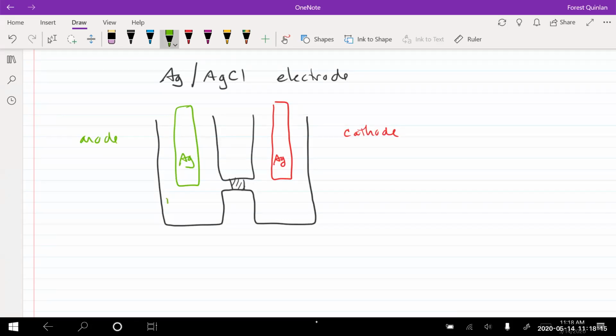And inside we had 1 molar AgNO3. We had 1 molar HCl. And we had our AgCl bearding.